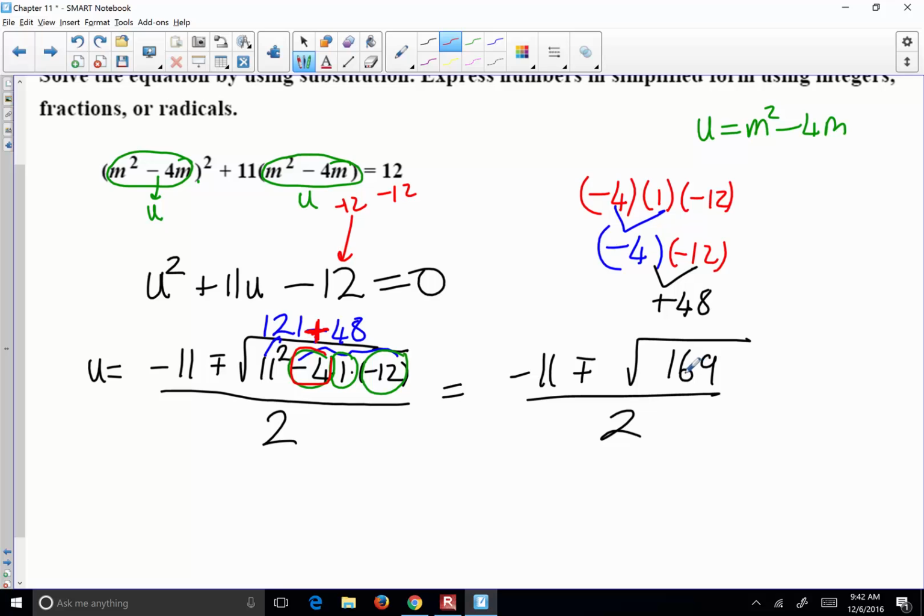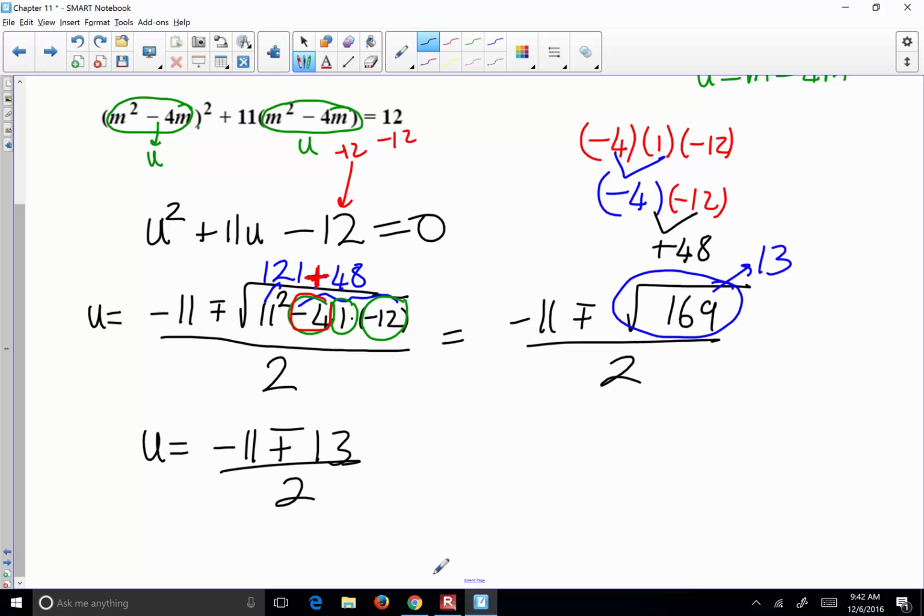Is that right? Okay, that's great news, because 169 is computable as a whole number. 169 is 13 squared. The square root takes care of it and 13 comes out, right? Perfect.